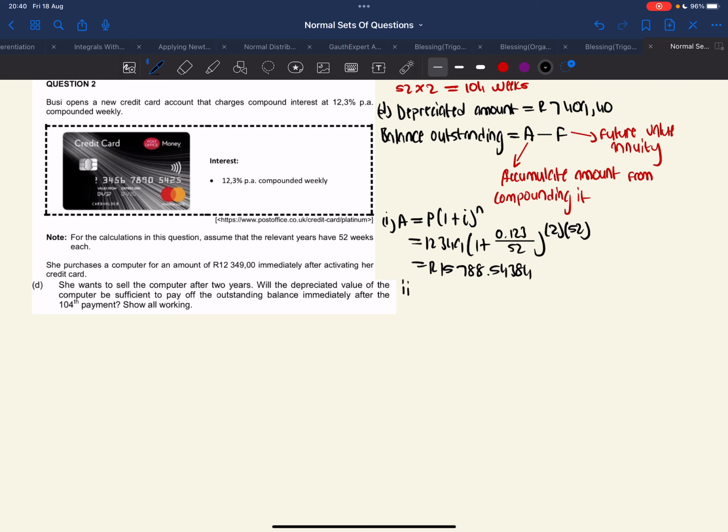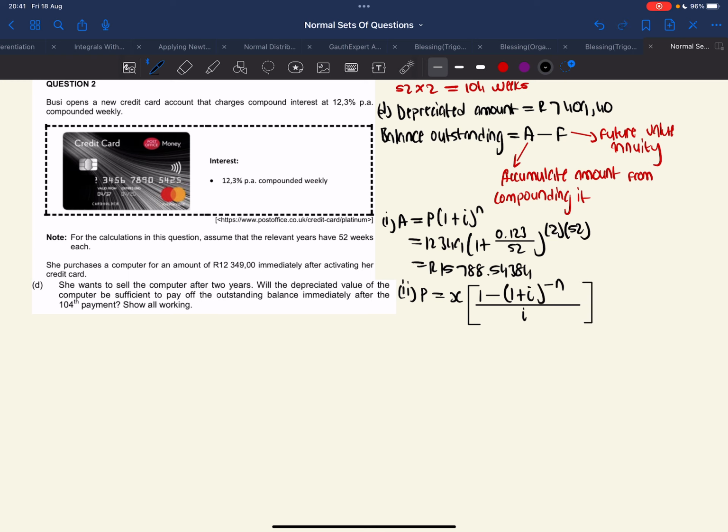And now doing the future value annuity, we are given P equals X, right? Then it's 1 minus (1 plus i) to the power of minus n all over i. Sorry about that.